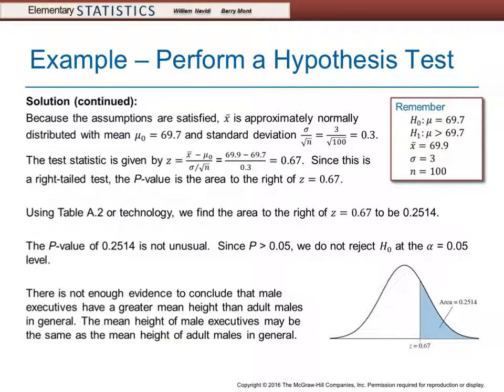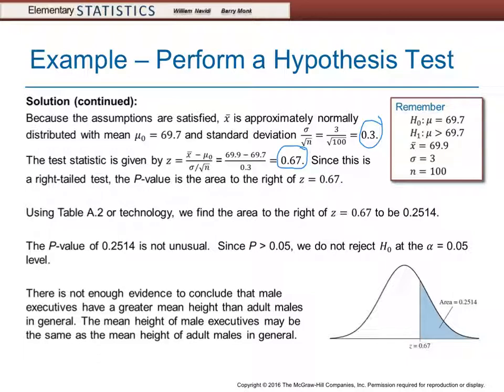Because the assumptions are satisfied, x bar is approximately normal, with the mean mu equal to 69.7 and a standard error of 0.3. The test statistic is z, and z is equal to x bar minus mu naught divided by the standard error. When we put those values in, we get 0.67.